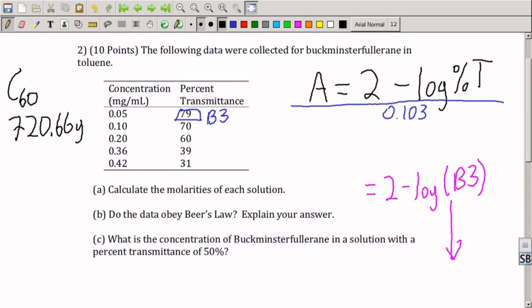So what you could do to get your molarities is you could take the contents of these cells. Say, for example, this is in cell A3. You could say, all right, I'm going to calculate the molarity by saying equals A3 divided by 720.66.